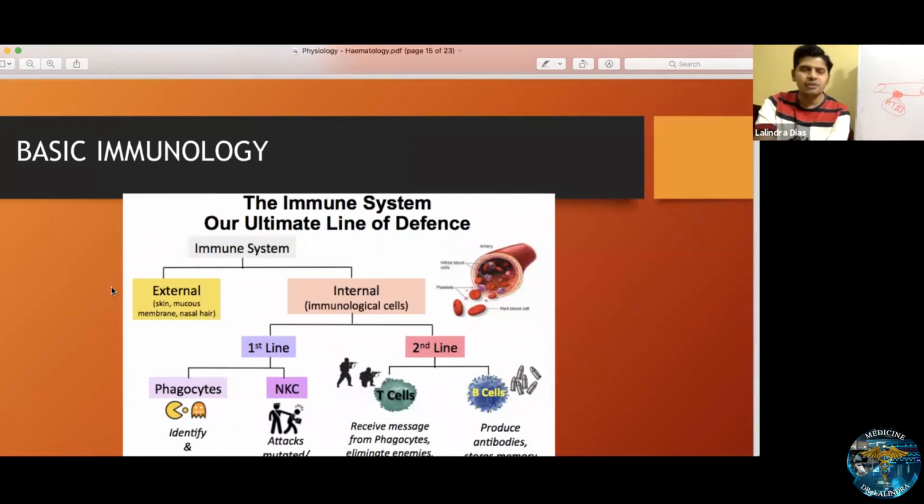Right, very briefly, basic immunology. So what is immunity, guys? Immunity is the ability to fight foreign material. We need immunity to protect ourselves.